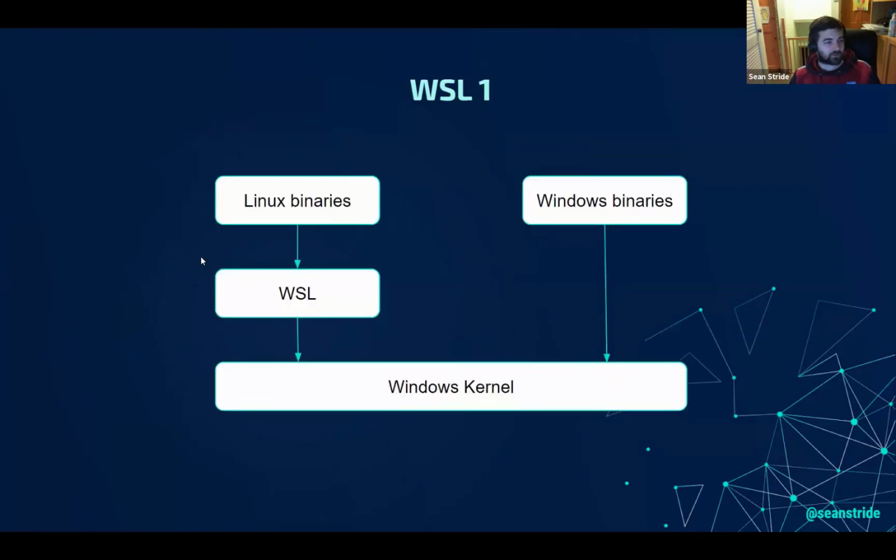So here's a visual representation of that from a very high level perspective. As you can see, whether you made the calls from Windows binaries or Linux, it all took place on the Windows kernel ultimately. It's just that the Linux ones, like I said, pass through this transition layer.